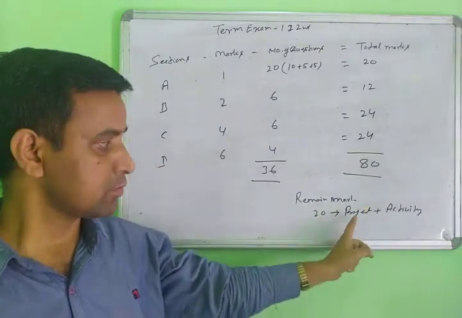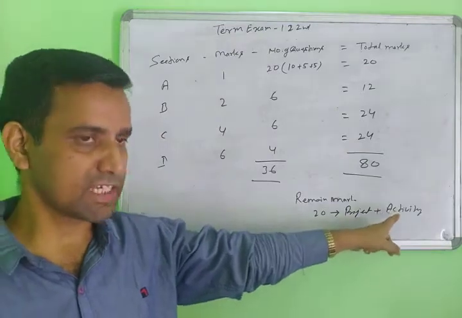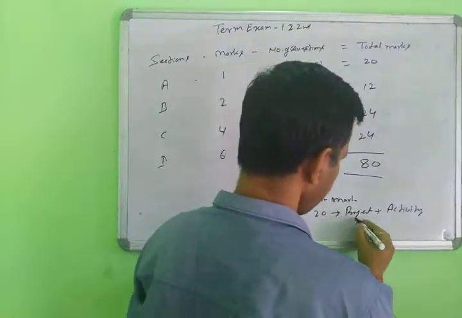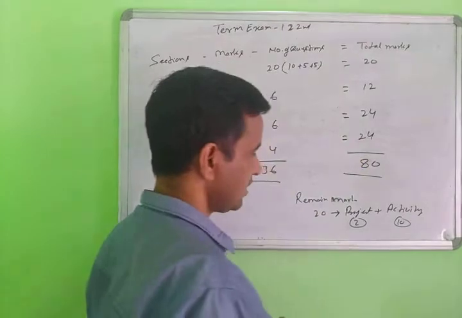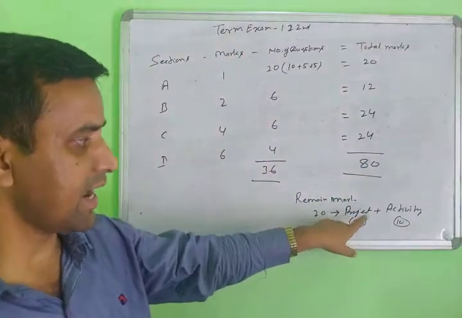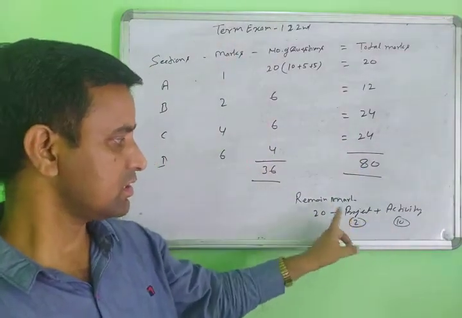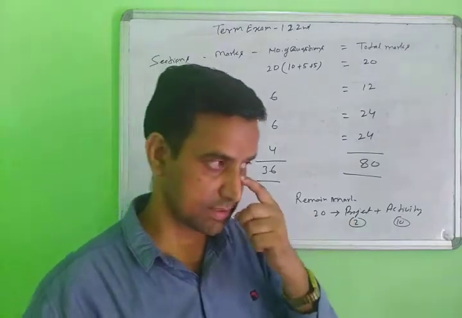The maximum is 2 projects and 10 activities. These are not marks, they mean 2 projects and 10 activities, and this will be converted into 20 marks.